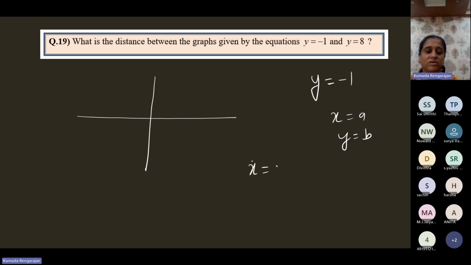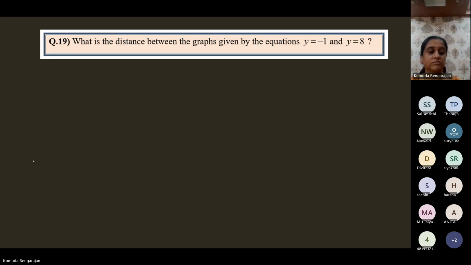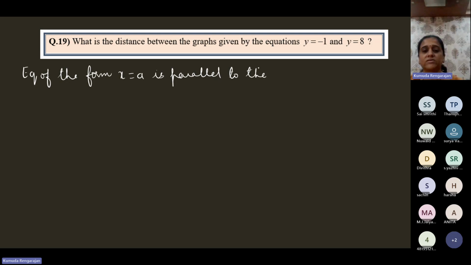An equation of the form x is equal to a, let's write that note first. Equation of the form x is equal to a is parallel to the y-axis.